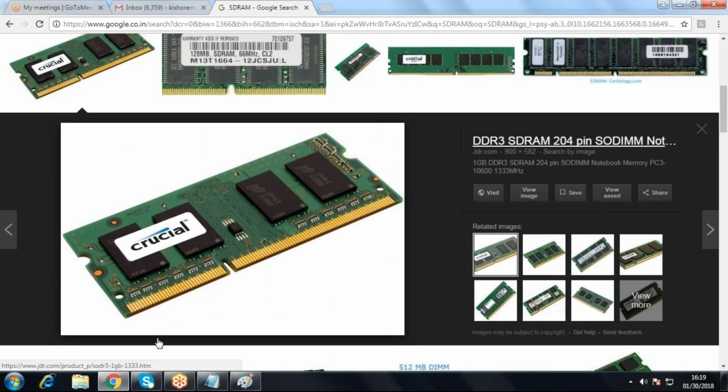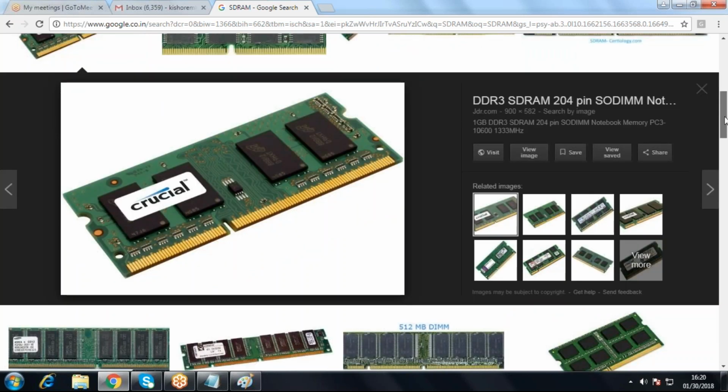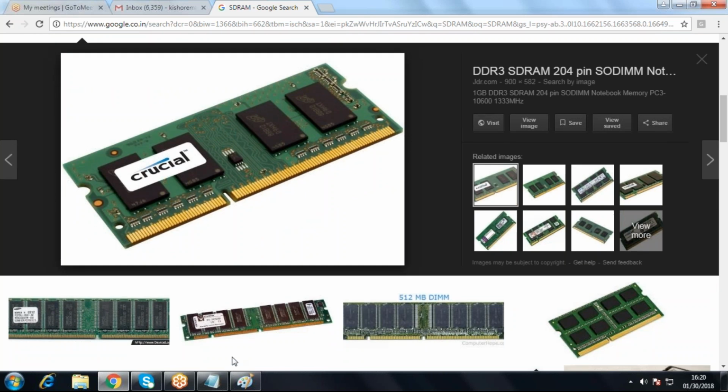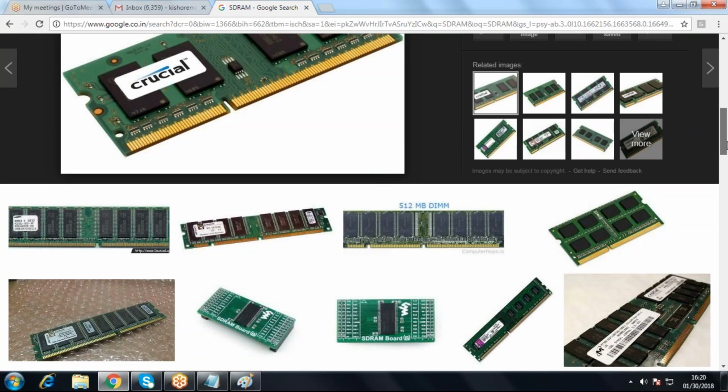Here, the notch is present to the left side. For DDR3, the notch will be to the left side. Based on that we can say it is DDR3. If it is on the extreme right, it is DDR1. If it appears to be in the middle, DDR2.